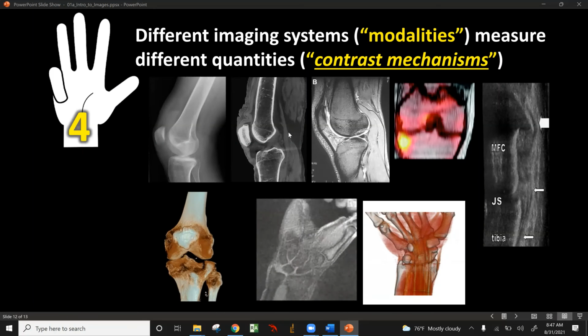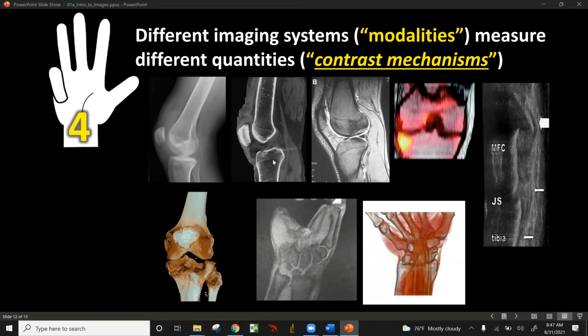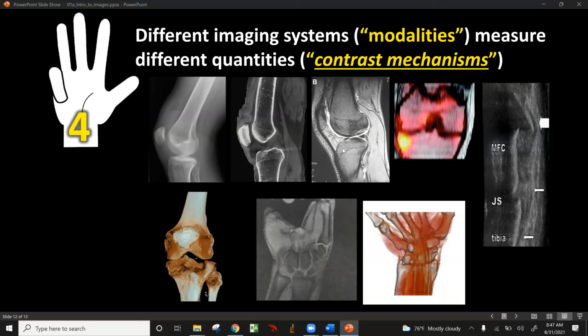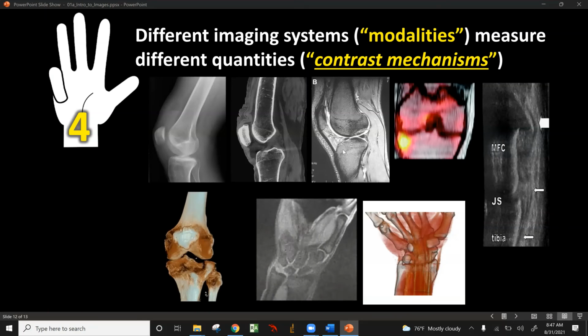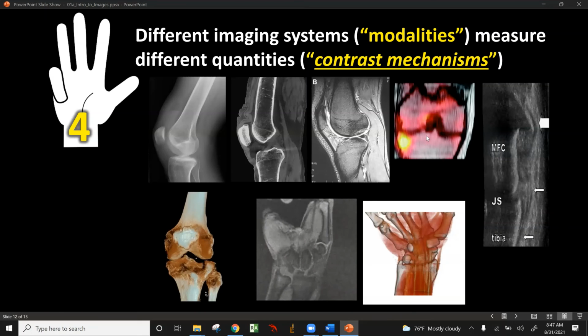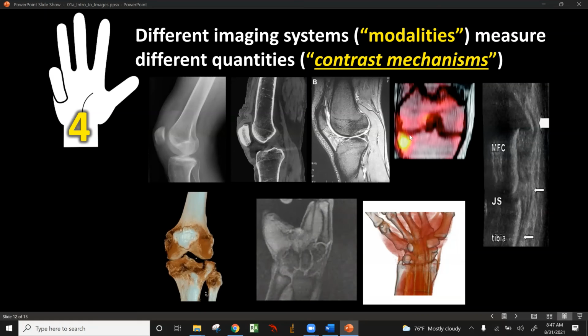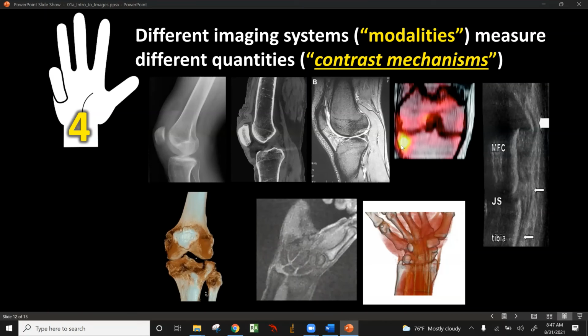CT. So I see fat and muscle. I see a lot of bone detail in there if I were to zoom in, right? Certain ligaments. This one here, a sagittal MR of some particular modality or protocol of MR. This one here. Now it's a coronal, right? You can see it's a coronal image of the knee. And there's some form of nuclear medicine imaging here, like PET, and with some abnormal activity.